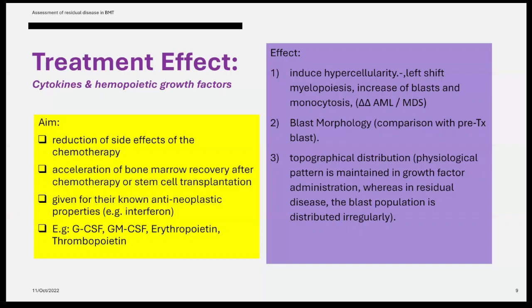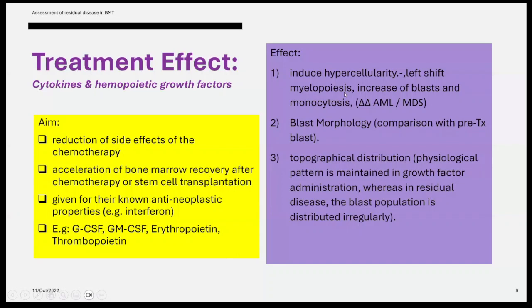And remember, the effect of this will induce hypercellularity, left shift myelopoiesis, increased blasts, and also mitosis, but actually they are showing maturation. So they will be mistaken as AML or MDS.